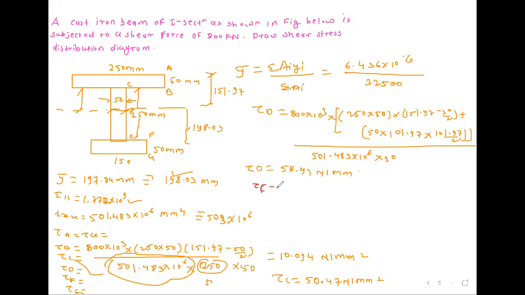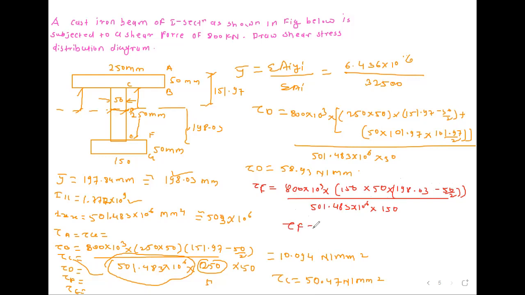So tau f which is equal to shear force 800 into 10 raised to 3, into area 150 into 50, into y bar 198.03 minus 50 by 2. Then divide by moment of inertia 501.483 into 10 raised to 6 into width is 150.